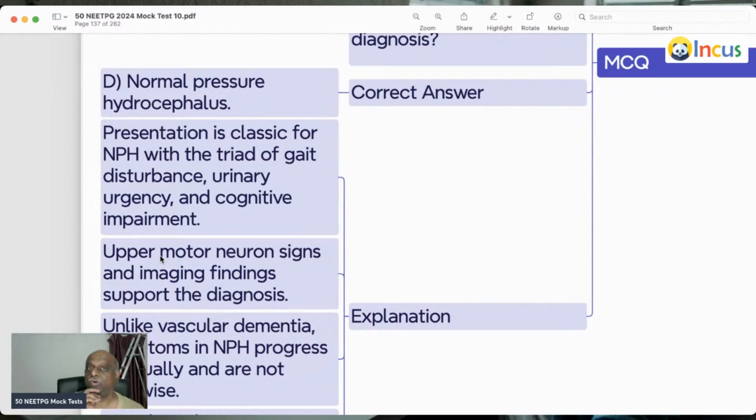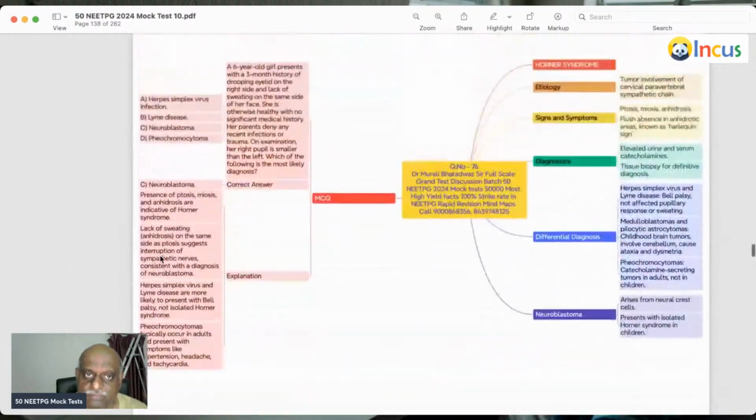The daughter-in-law will say, no, he's also having a problem with holding his bladder. Then the old man's wife will say, he's even forgetting that I am his wife. So the combination of gait disturbance, urinary urgency and cognitive impairment in an elderly person is normal pressure hydrocephalus, is what you need to remember.